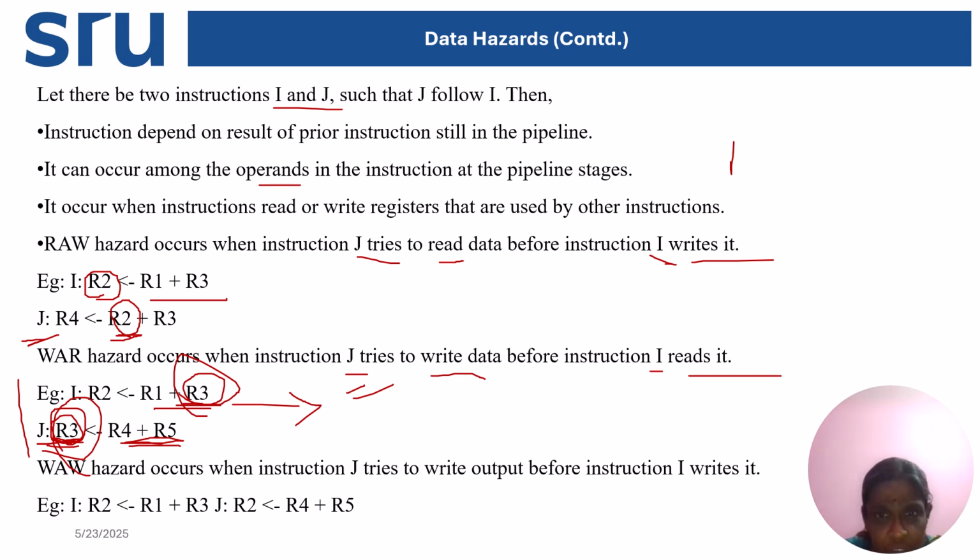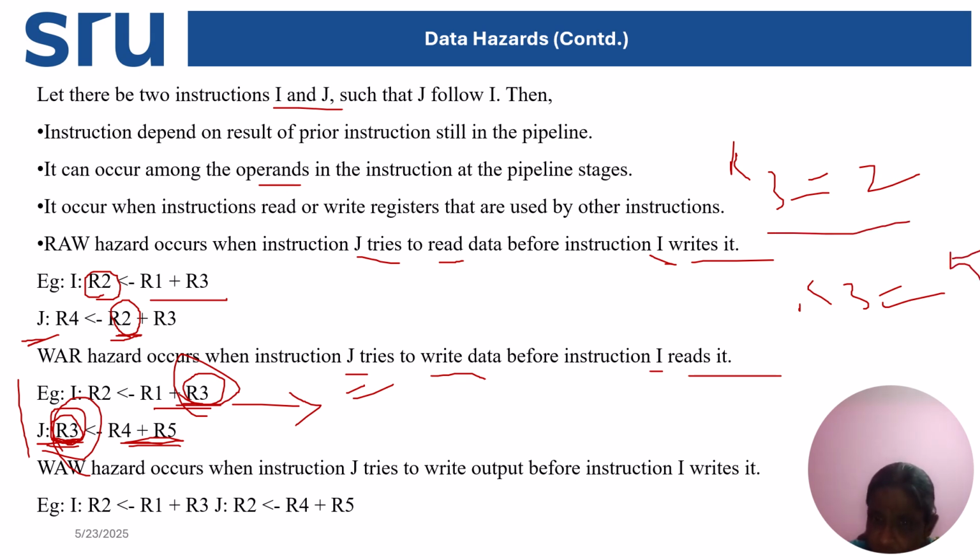Suppose R3 is equal to 2, that 2 is coming here. And then R3 equal to R4 plus R5 means suppose 2 plus 3, it is 5. So this R3 being 2 is different from R3 being 5.